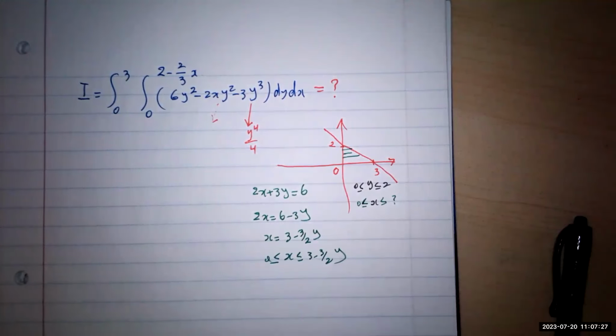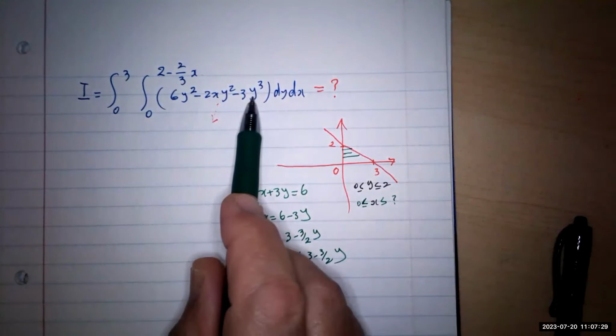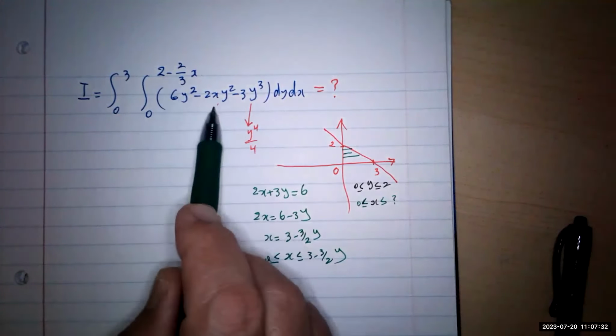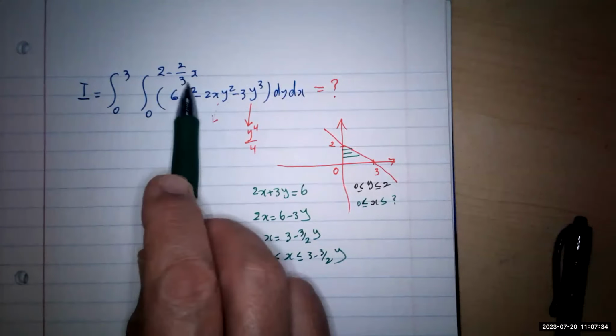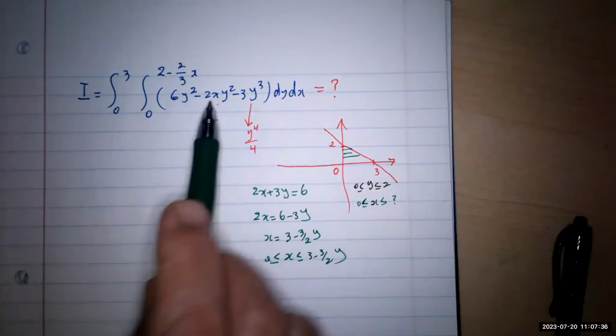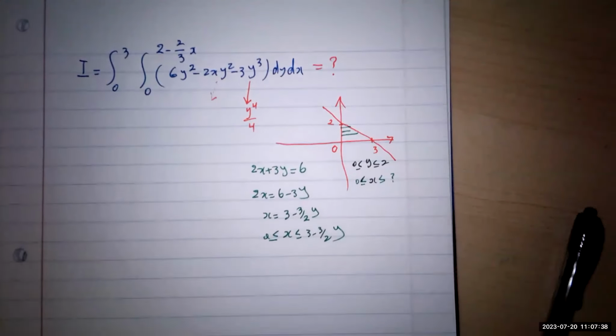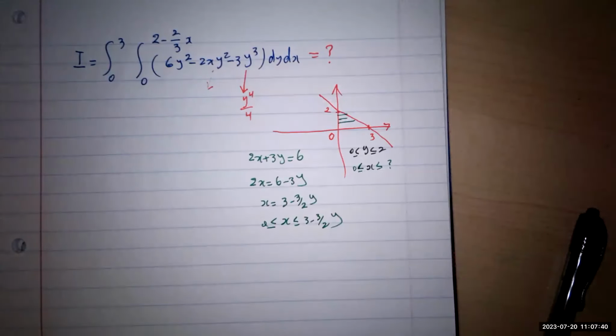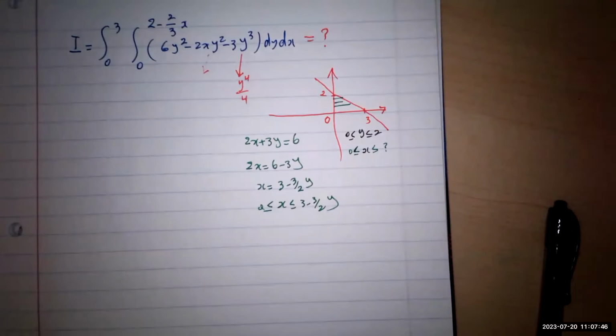Unless you don't like it and you go on, you get this y to the fourth here, then you get the y squared here. And because of this 2x, it would be very messy to continue with that method. Everybody understand what I'm doing? Any question?